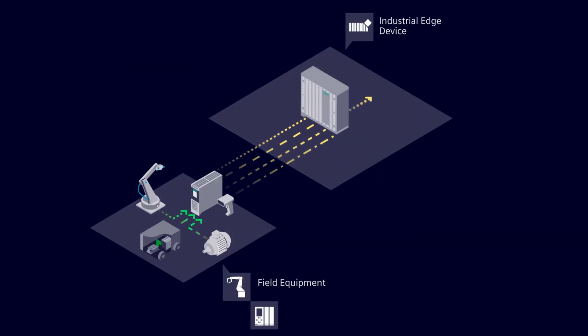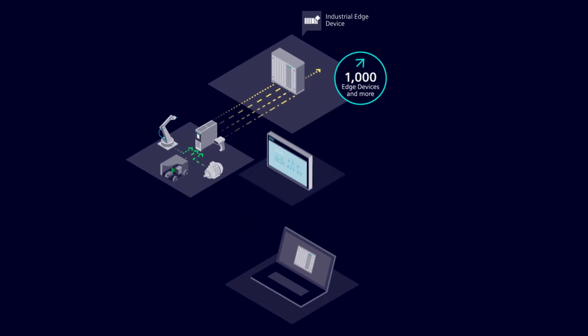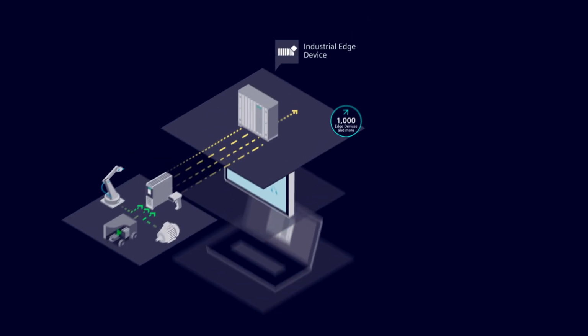The platform enables real-time comparisons of data streams from multiple sources and the flexible configuration of data acquisition intervals. You can connect 1,000 edge devices and more to your Industrial Edge environment. Choose from a comprehensive portfolio of Industrial Edge devices or even integrate existing hardware with a device kit.